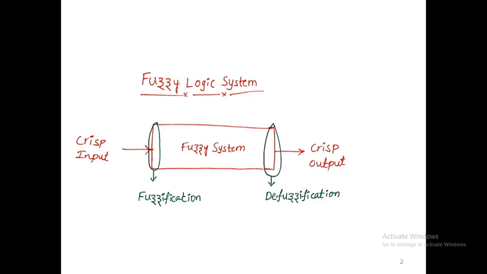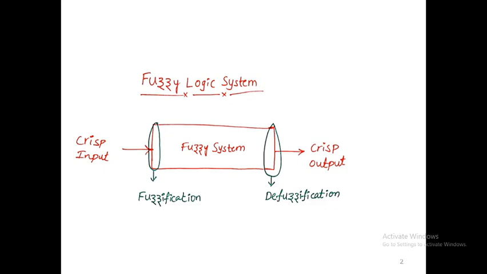Fuzzy values means there is no clear definition to those values. Again, in the fuzzy logic system, while you are getting the crisp output, the fuzzy values need to be converted to crisp values at the output. That process is called defuzzification.